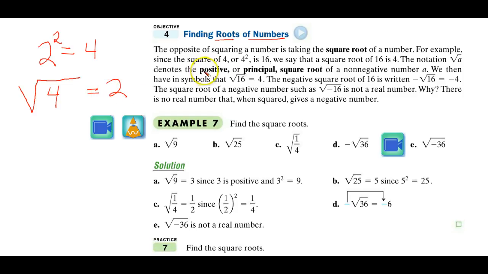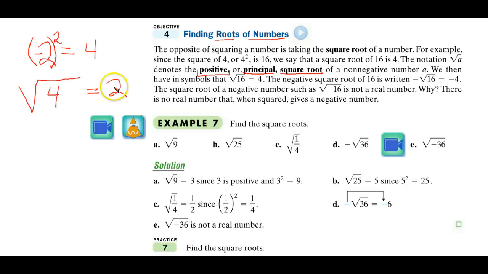Now, this is the positive or principal square root, because this could possibly have another value. If you were squaring a negative 2, that would also be a 4.